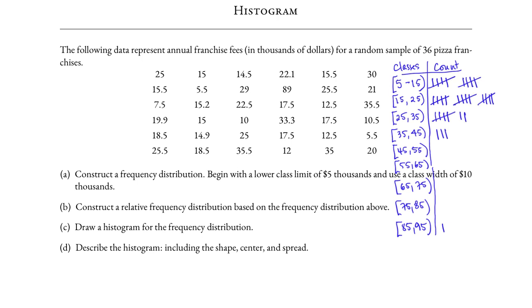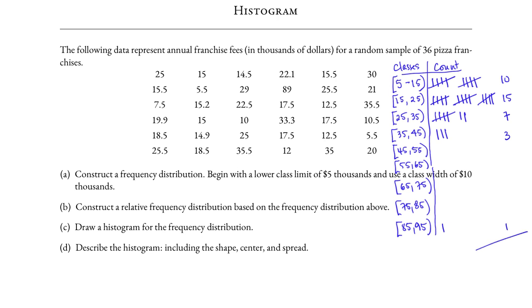Alright, we're done. The last number is 20, which is between 15 and 25. The number 35 is in the class 35 to 45. Now, if we keep track of this, there are 10 in the first class, 15 in the second class, 7 in the third class, 3 in the fourth class, and 1 in the last class.